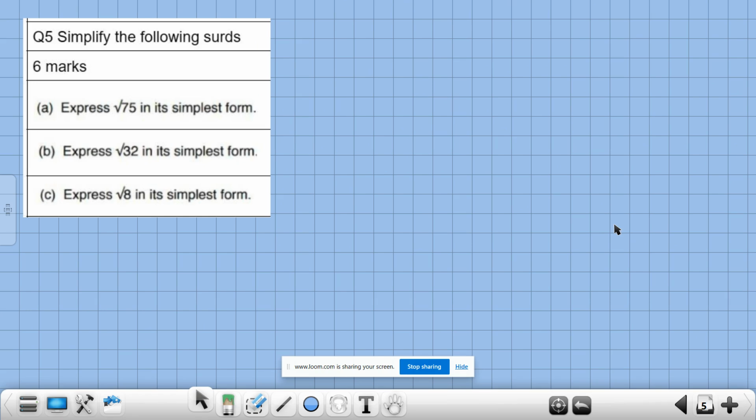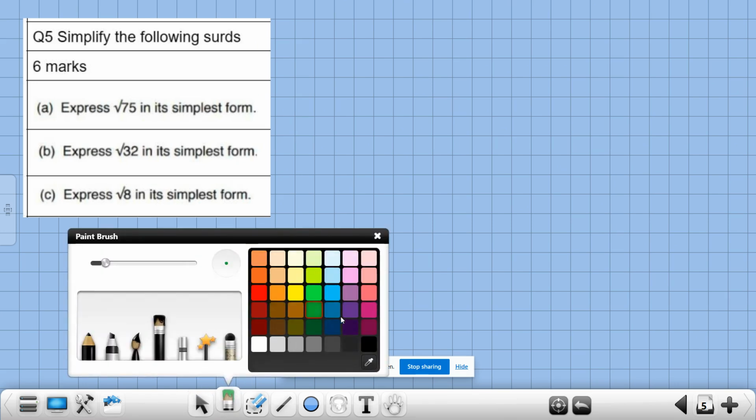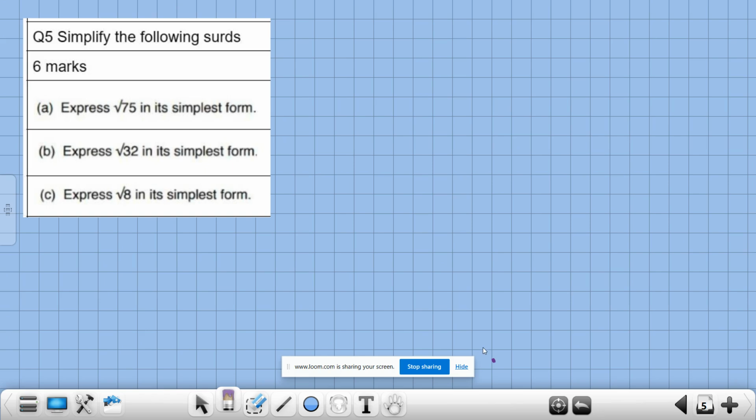So we can't solve them, but what we can do is see if we can simplify them. And in order to simplify them, we can only do that if one of their factors is a square number, because we can always find the root of a square number. By the very nature of them.